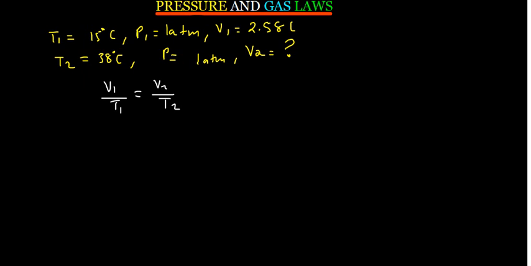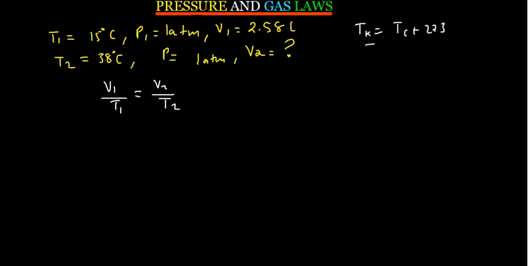From here we can substitute. What we need to take note of is that the temperature we use here is absolute temperature, the temperature in Kelvin. This one has been given in degrees, so let me first convert T1 from degrees to Kelvin. Converting temperature to Kelvin is given by temperature in degrees plus 273.